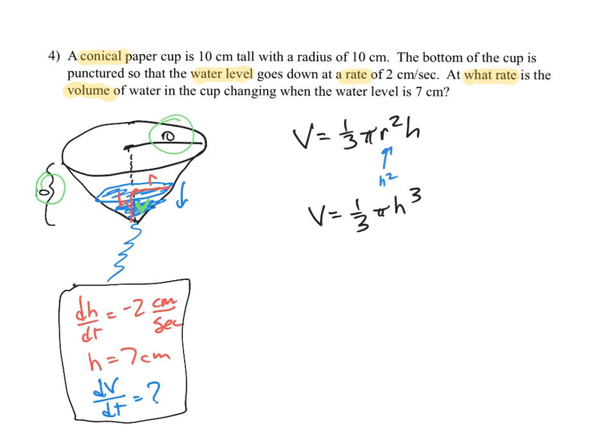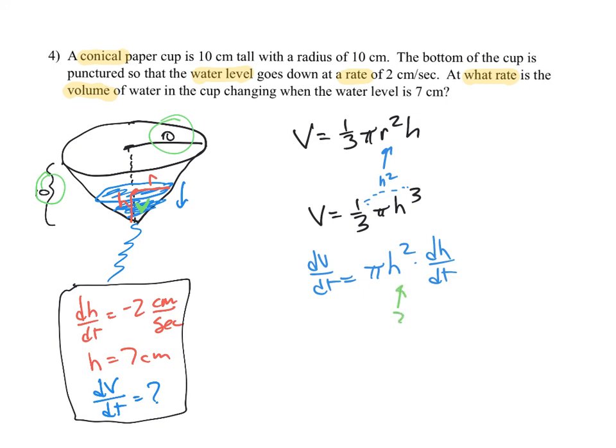And then we can go ahead and do the implicit differentiation right on this formula. And we get dV/dt equals, when you bring the 3 down with the 1/3, that makes a 1. So that's pi h squared, then you have to multiply by dH/dt. And just like the other problems in this assignment, we're ready to substitute in numbers.